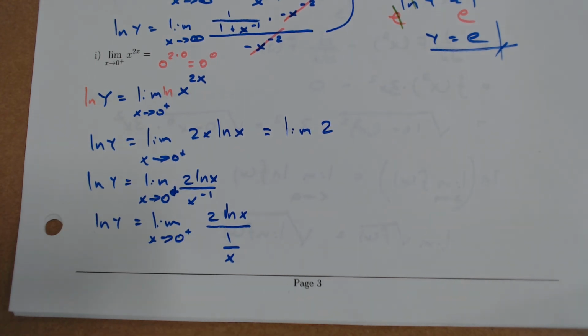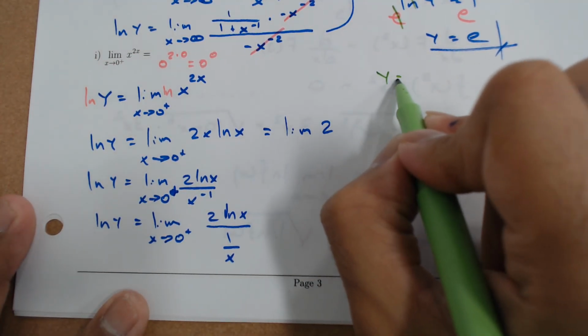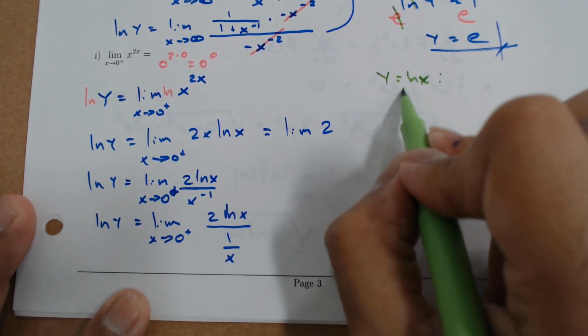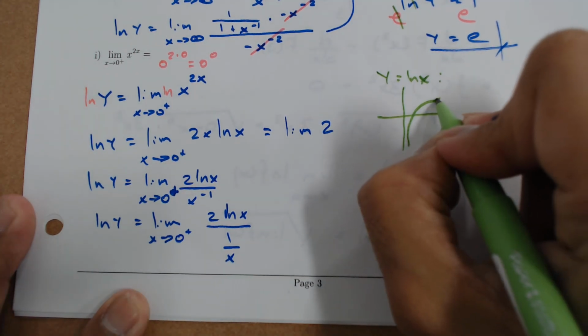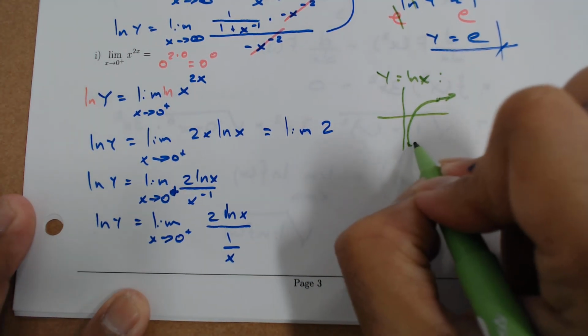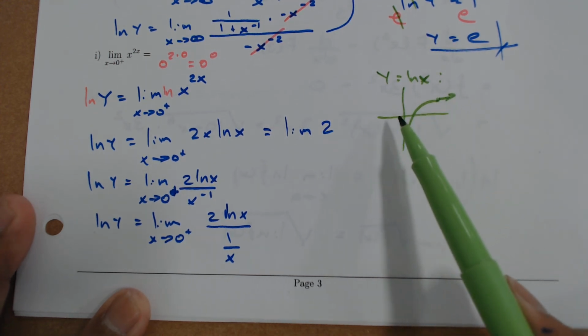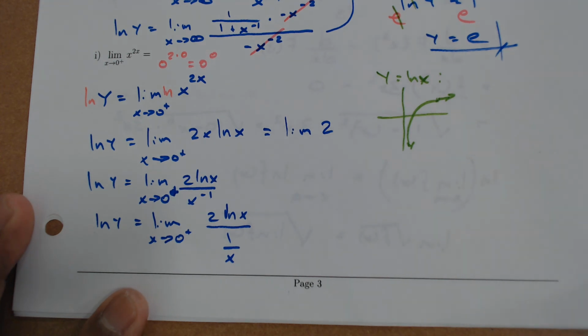So let's have a look at the graphs of these two functions individually. On the one hand, the graph of ln x looks like this. Forget about the 2, don't worry about it. Ultimately, we just want to look at the end behavior. We are approaching from the right. Where is this limit going to? Negative infinity.